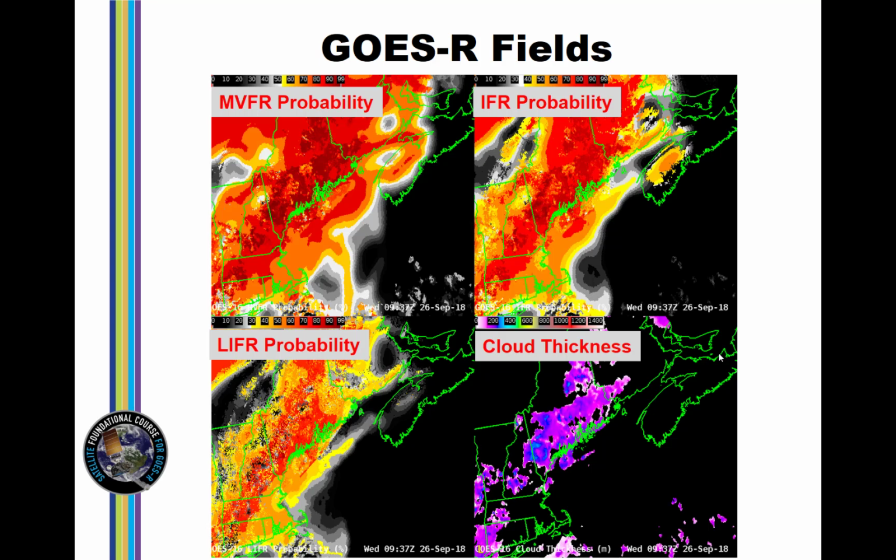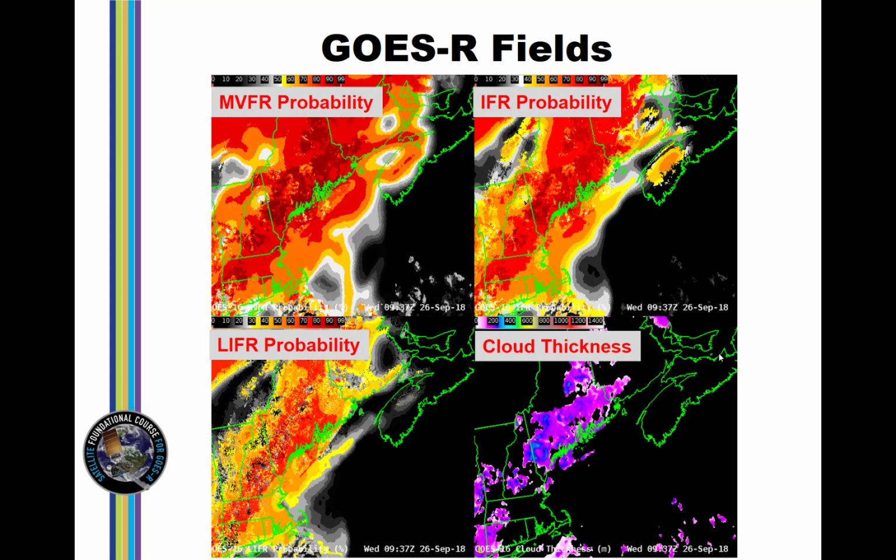This product is essentially a lookup table that compares 3.9 micrometer emissivity to SODAR observations of cloud thickness off the west coast of the US. GOES-R cloud thickness is not created in regions of multiple cloud layers because satellite information on the lowest layer is missing in such cases.